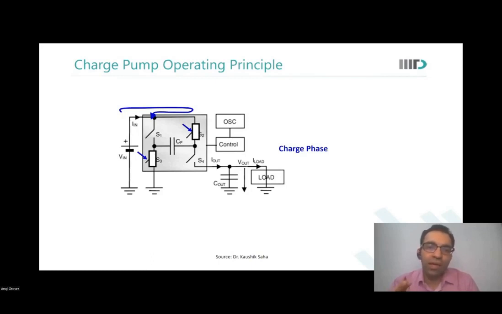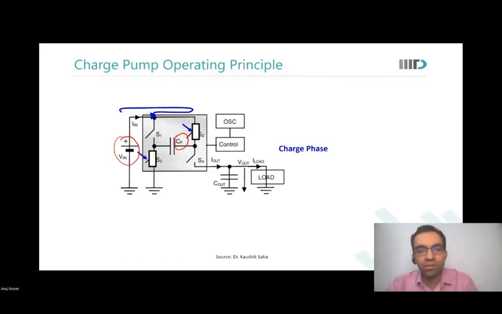and S2 are closed, appear to be like resistances. So what happens? There is a charge that flows from V in until this side, and the other side of this capacitor goes to 0. So capacitor CS is holding some charge onto it.